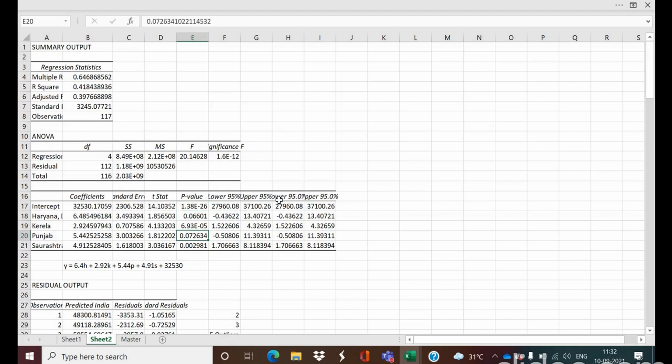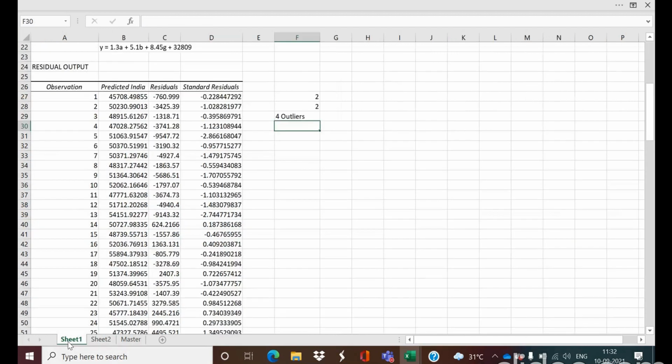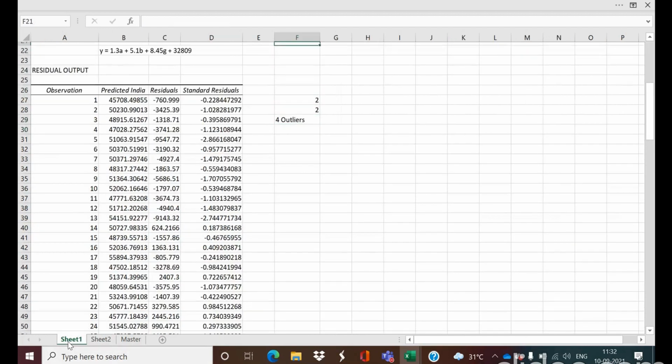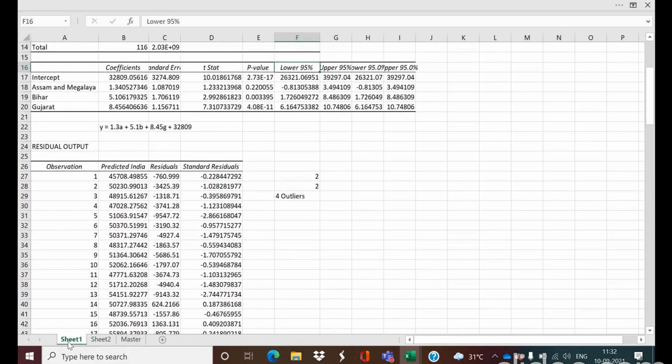Now come to the first exercise sheet. Look at the p-values here. So again, here all the p-values are giving a significant effect. Assam less than 0.05, Bihar less than 0.05, Gujarat less than 0.05. Sir, Assam is 0.22, sir.